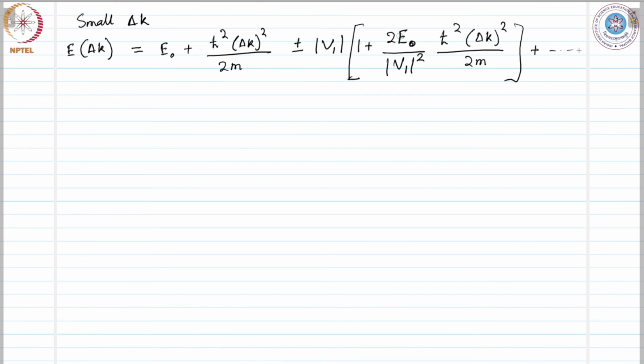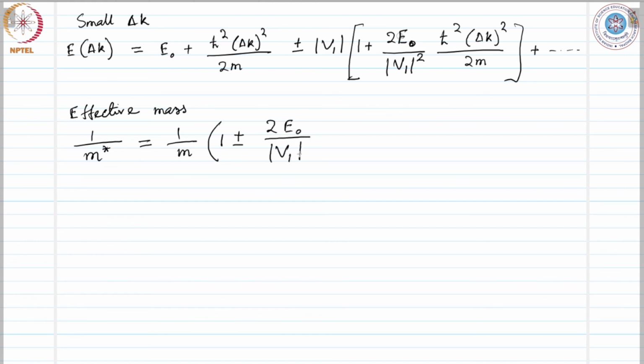If we ignore the other terms, then we can write the effective mass of an electron for the upper and lower energy bands as follows. If we consider m star to be the effective mass, then 1 over m star can be written as 1 over the mass of the electron, times (1 plus minus 2 E naught over V1 absolute value).